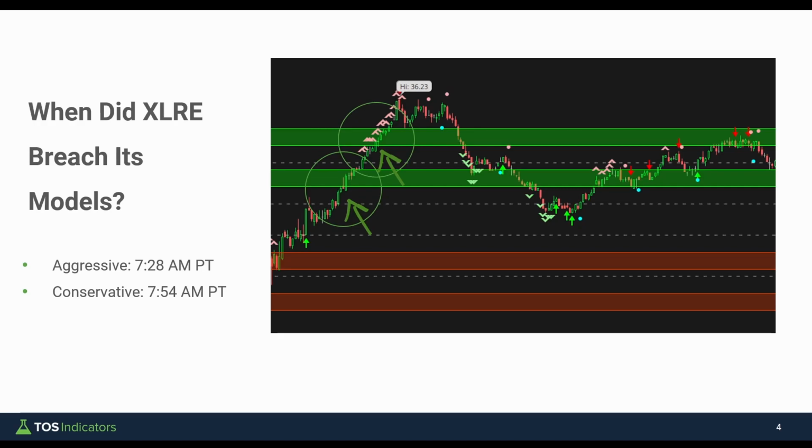So the 2 times I want you to pay attention to are 7:28, call it 7:30, and towards the tail end of that hour, 7:54. That's when XLRE, the sector, is starting to show that we're reaching places where there's volatility that gives us an edge. We should be looking for a short side setup here, looking for a reversal either from here or from here. So that's XLRE.